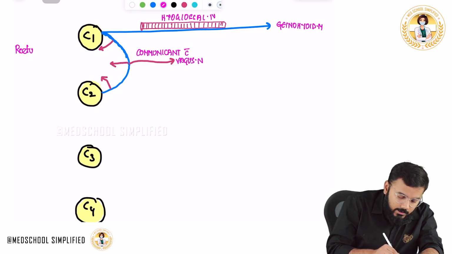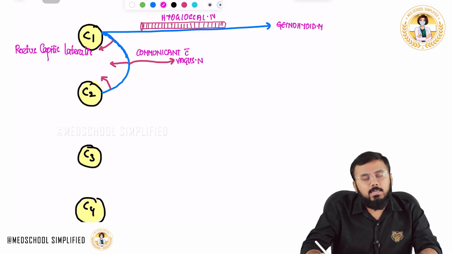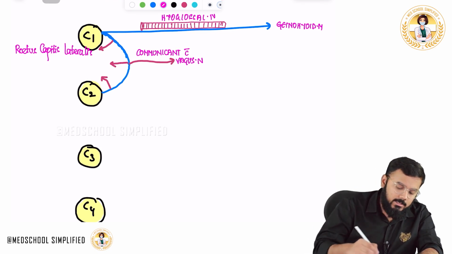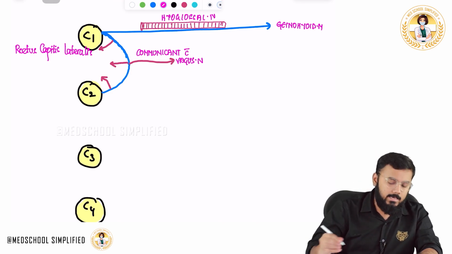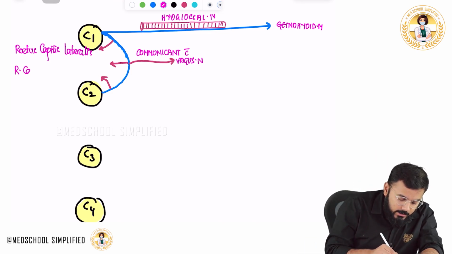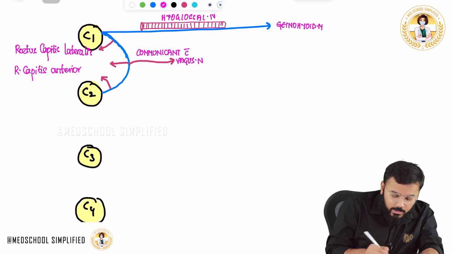What is that? Rectus capitis lateralis. That is rectus capitis lateralis. Next, it is giving innervation to a second muscle called rectus capitis anterior. That is rectus capitis anterior.